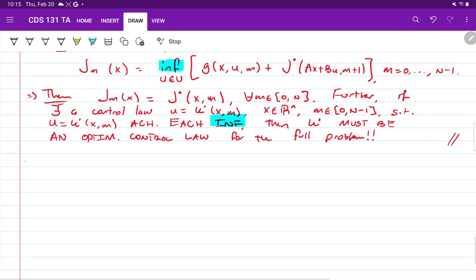Now what I want to do is apply dynamic programming to solve the LQR problem.